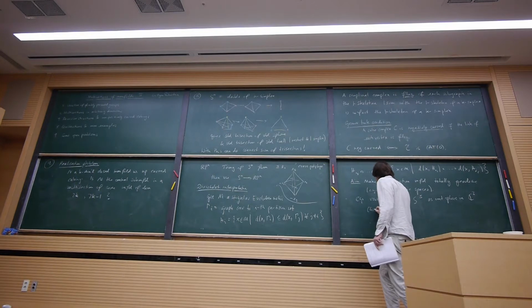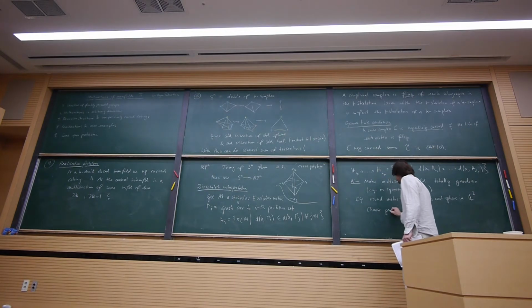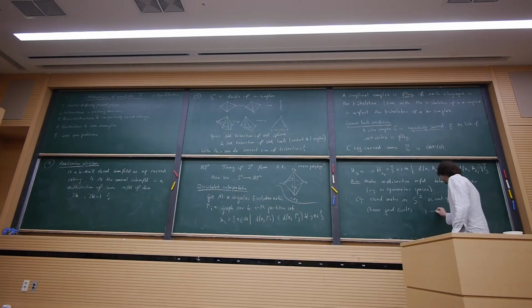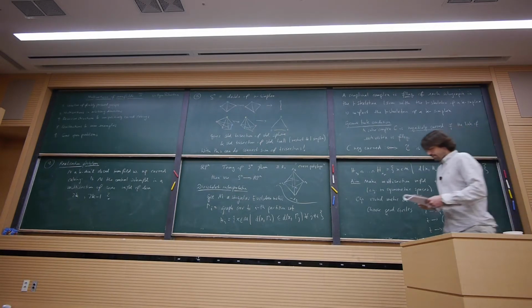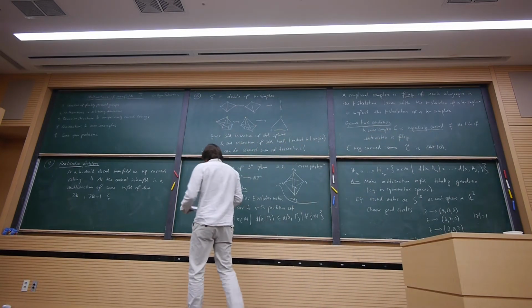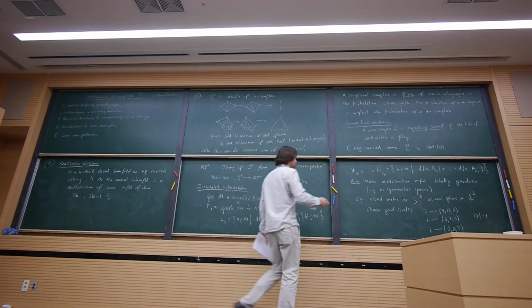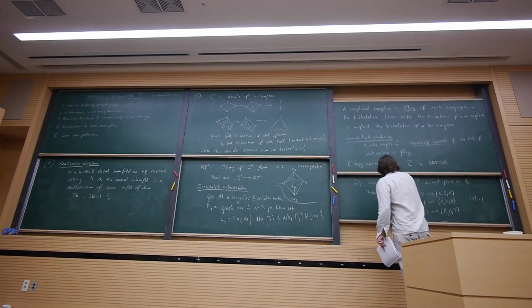So choose just the obvious circles. z goes to (z, 0, 0). z goes to (0, z, 0). z goes to (0, 0, z). Yeah. So these three circles, and then you look at these Dirichlet regions relative to these circles.